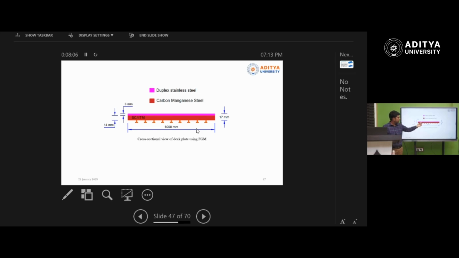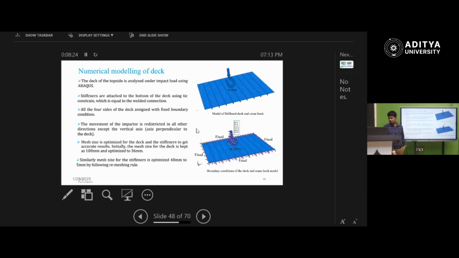So here you see the deck plate made of two different materials. One is duplex stainless steel. We know that duplex stainless steel offers higher resistance to penetration and higher resistance to corrosion. And the bottom material is a carbon manganese steel, which offers very good weldability. So these numerical analyses were performed.